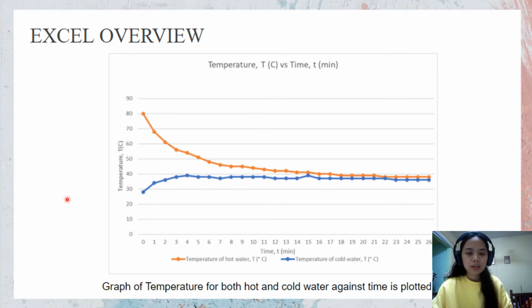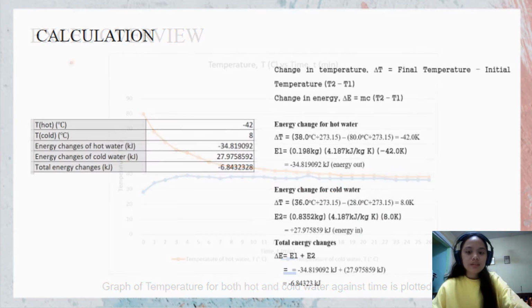This is the graph of temperature for both hot and cold water against time taken. You can see the red line is the change in temperature of hot water, and the blue line is the change in temperature of cold water.